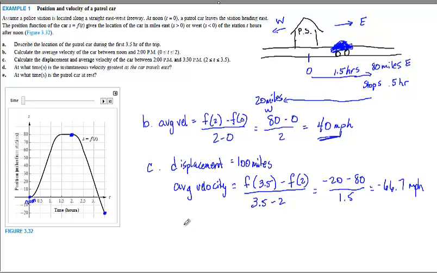All right. At what time is the instantaneous velocity the greatest as the car travels east? I believe that to be in between here and right about somewhere in here where he starts to slow down a little bit.